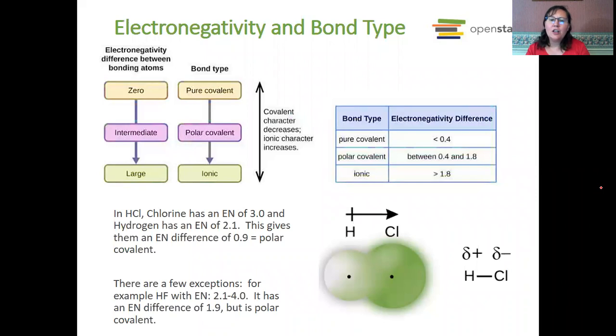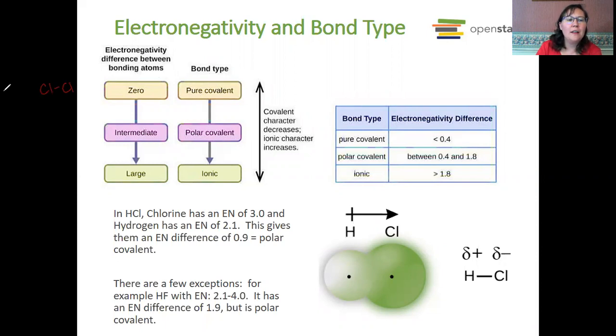All right, so now let's take a look. We've got electronegativity and bond difference. Okay, so if we have 0 difference between the two, remember we had that chlorine to chlorine bond, and it has 0 difference between the atoms. That makes something that's purely covalent.